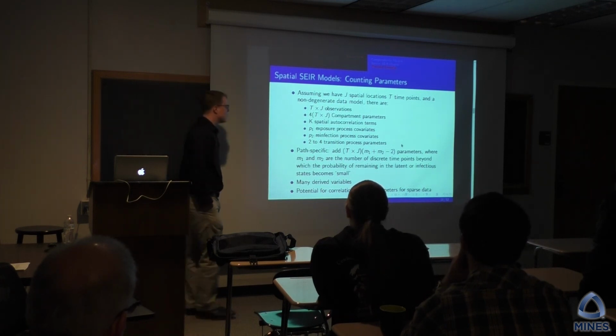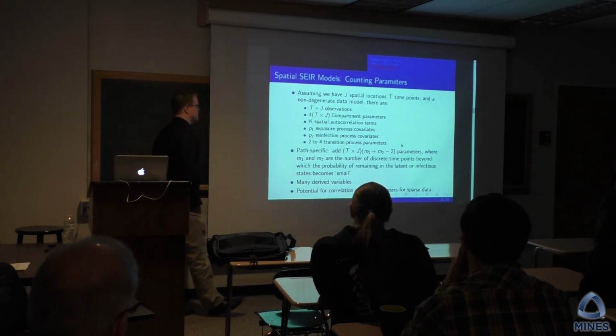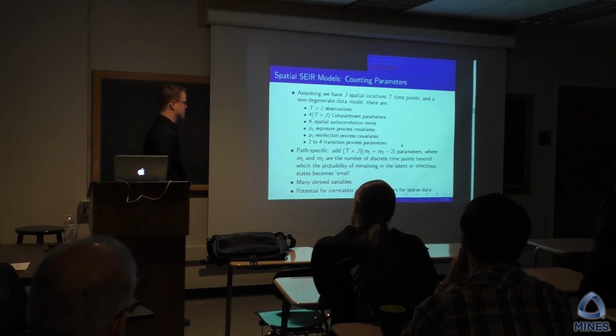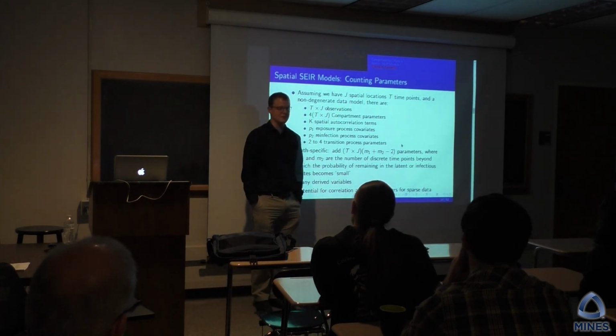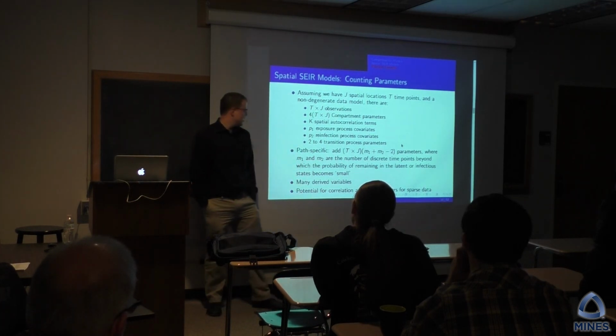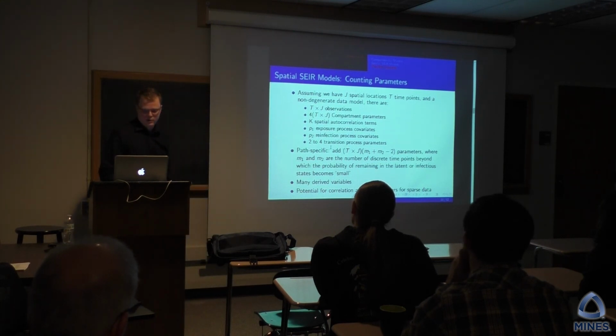We have some number of spatial autocorrelation terms, some number of exposure process covariates, some number of reinfection process covariates, and 2 to 4 transition process parameters, depending on whether we are modeling this as an exponential or using path-specific machinery. If we add path-specific, we can add quite a few additional parameters.